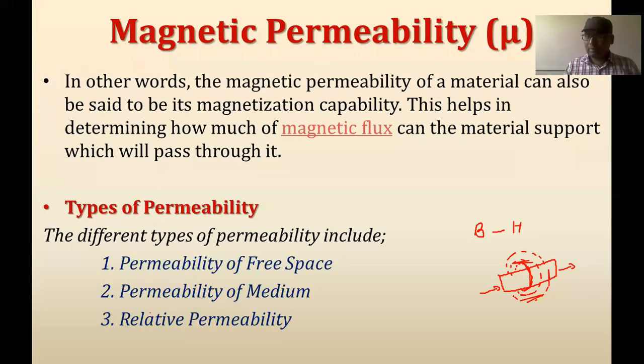If the medium is air, then definitely we have to consider the permeability of a free space, air or vacuum. If the medium is any iron material, because these magnetic flux lines can also flow through this material, that time we have to consider the permeability of a medium. Is it right? It means that the permeability concept is related to these two things, B and H. How? Let's go through it one by one.